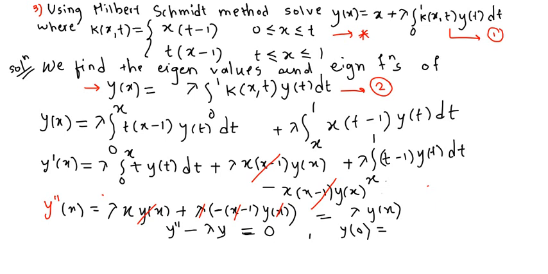And y at 1 is also equal to 0. So we have got the corresponding boundary value problem: y double dash minus lambda into y equal to 0 with the boundary conditions y of 0 equal to 0 and y at 1 also equal to 0.